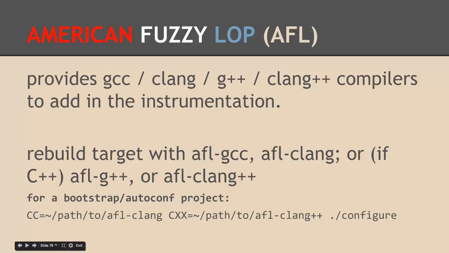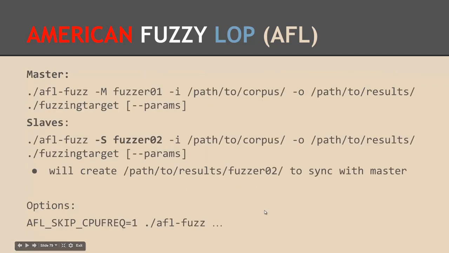This is a one-liner that will do it. You simply tell it which C compiler and C++ compiler to use by providing it these environmental variables for the context of this given command, which will be ./configure. And it will just go ahead compiling it with the AFL compilers, which will add in the binary instrumentation.